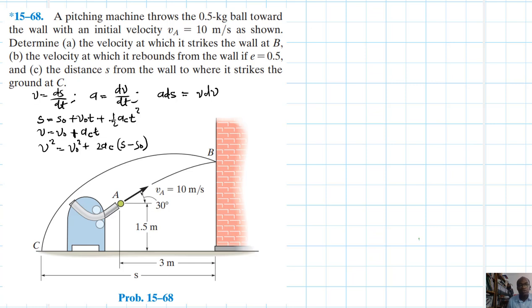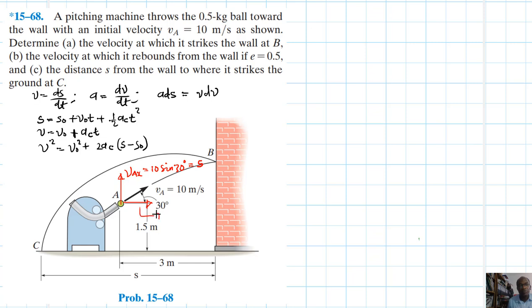Here we expect two parts. We are dealing with vertical motion as well as horizontal motion, and we know that horizontal motion here is constant. So here we have v_Ax, which is just equal to 10 sin 30, and this is just equal to 5.